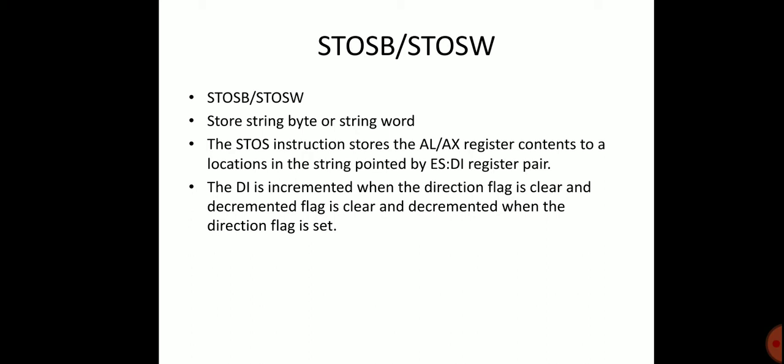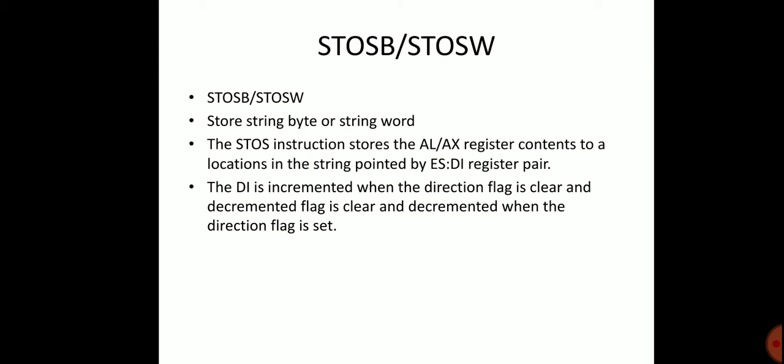The store string instruction stores the accumulator content to a location in the string pointed to by the extra segment and destination index register pair. The destination index is incremented when the direction flag is clear, and decremented when the direction flag is set.